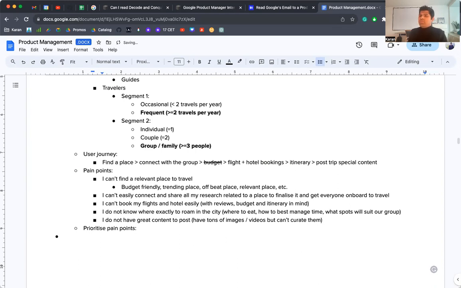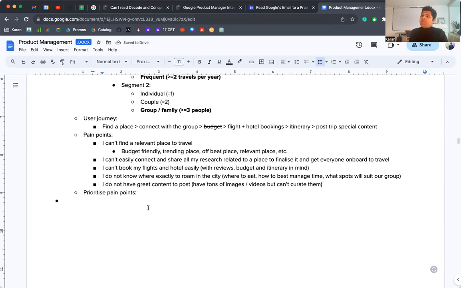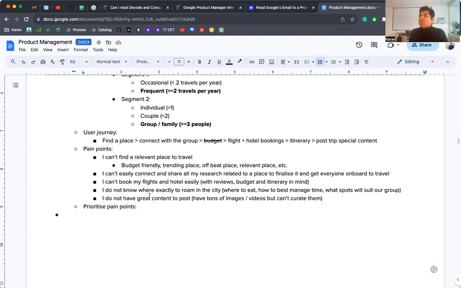So I need Facebook's help to get a kickstart as a creator. Got it. Okay. So let's think of prioritizing these pain points. Let's look at severity of the pain point as a parameter.